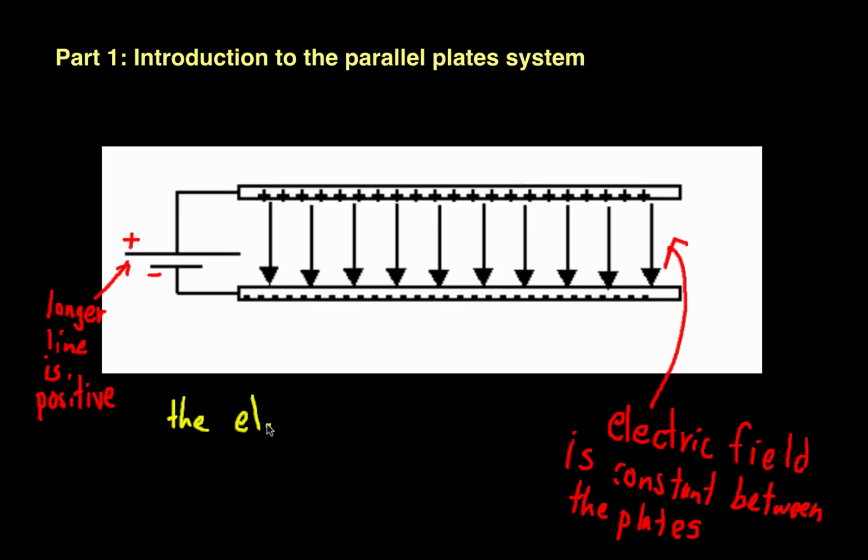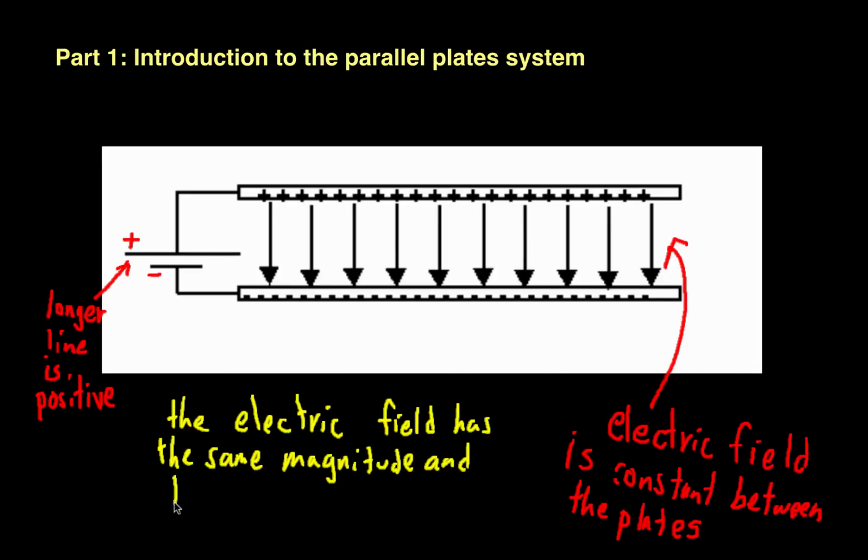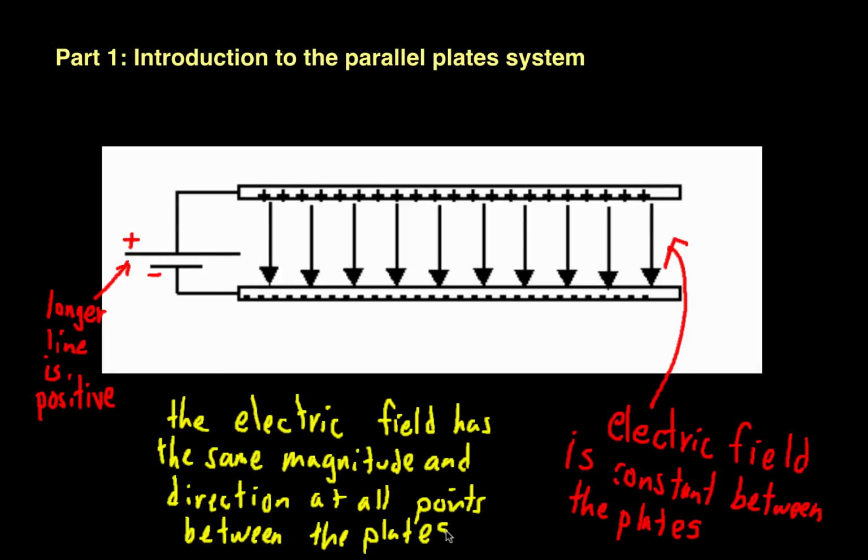This means that the electric field has the same magnitude and direction at all points between the plates. You'll also note that the electric field always points from the positive plate to the negative plate.